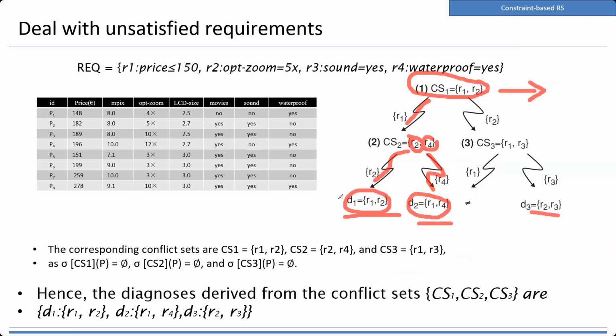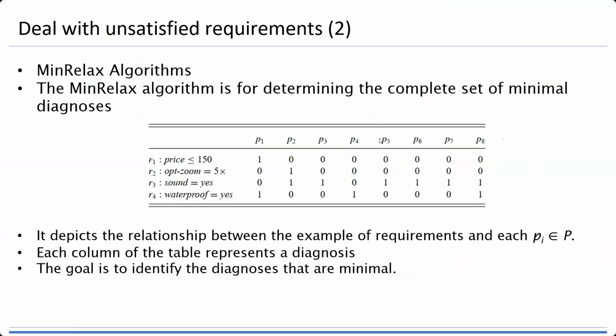Once we have this diagnosis result, it means we can let the users know this conflict set may give no result to the users. The other way that we can do for this conflict set is to use the min-relax algorithm.